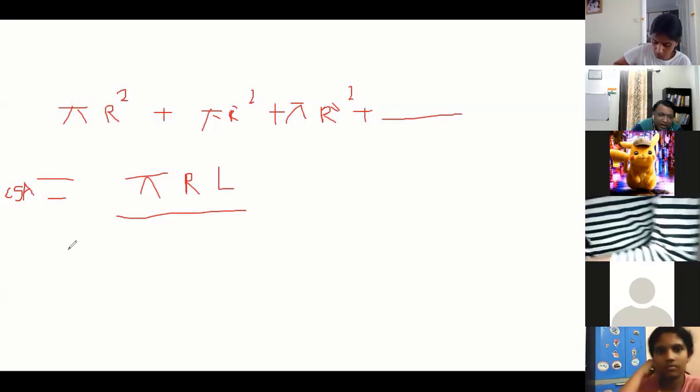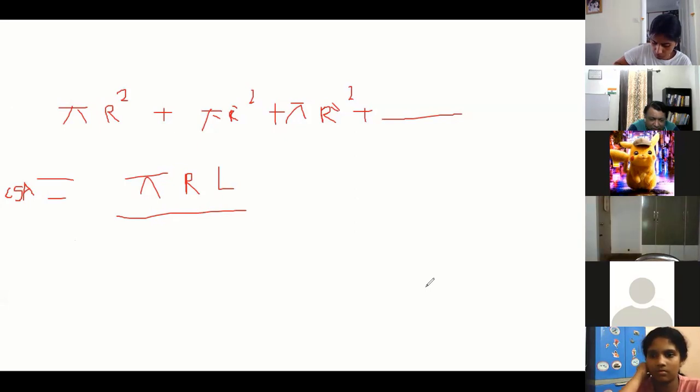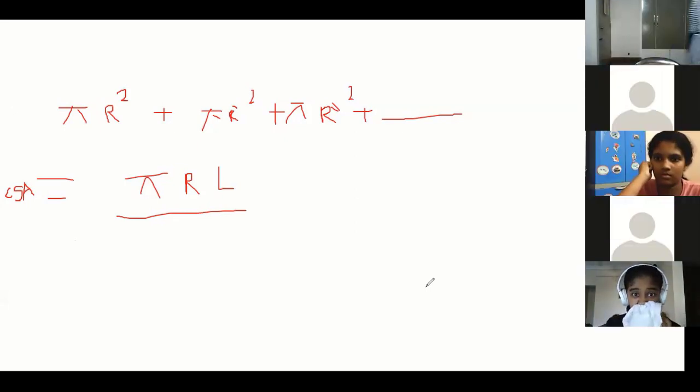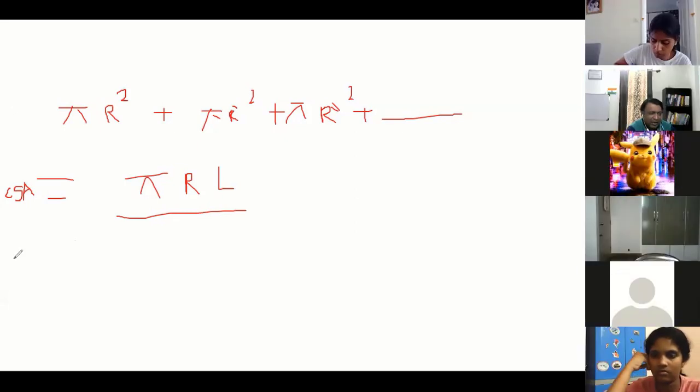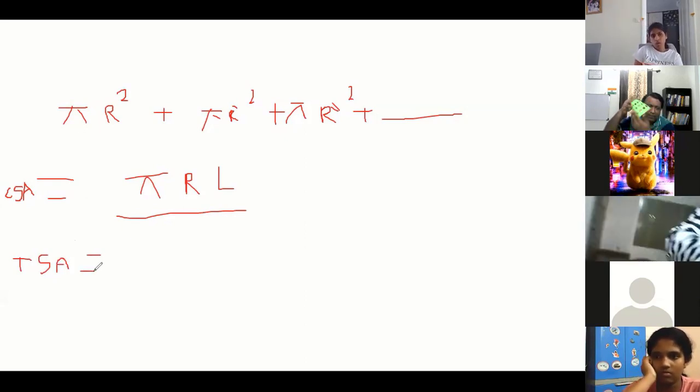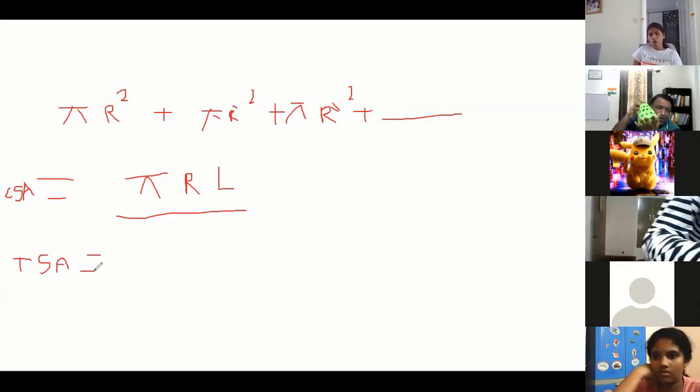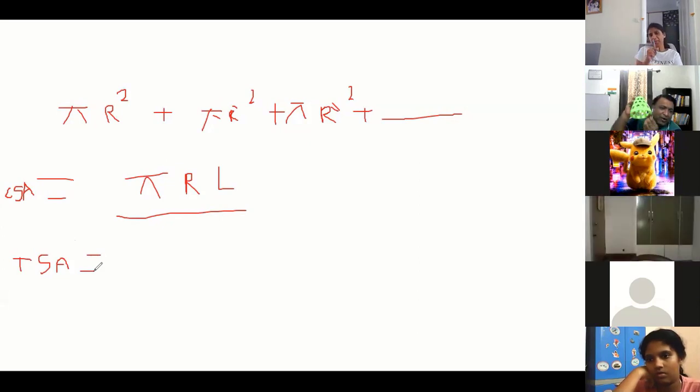Now tell me, Twinkle, you got the CSA. If you want the TSA, total surface area, how many surfaces are there? You know already the curved surface, right, Twinkle? If you want to find the total surface area, what all surfaces are there? One surface is this.